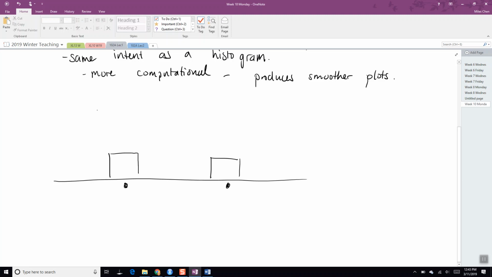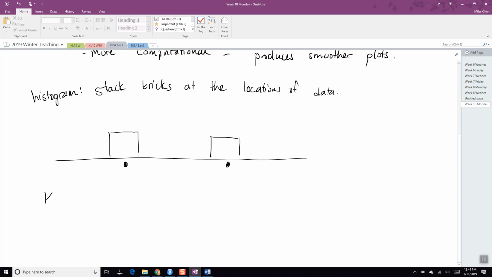So a histogram will stack bricks at the locations of data. Okay, so we kind of say how many data points are in this interval, and we'll stack that many bricks up on top of each other. Okay, so that's what a histogram does.